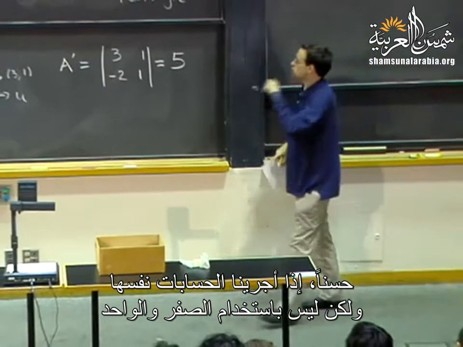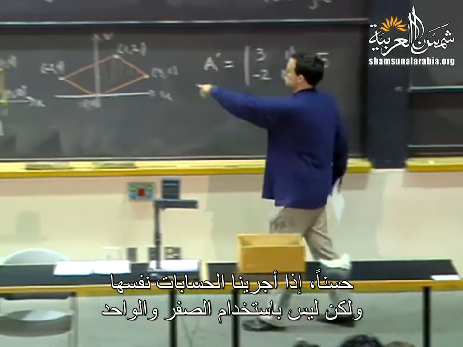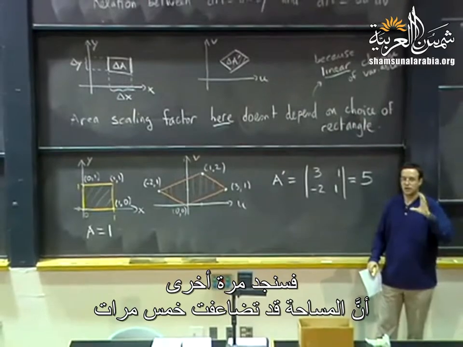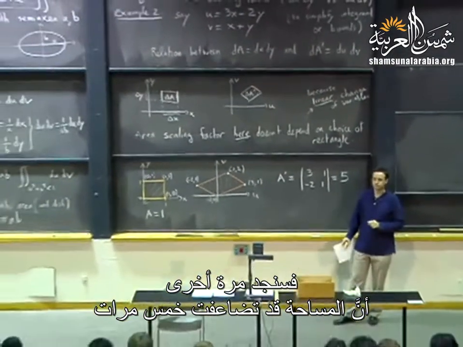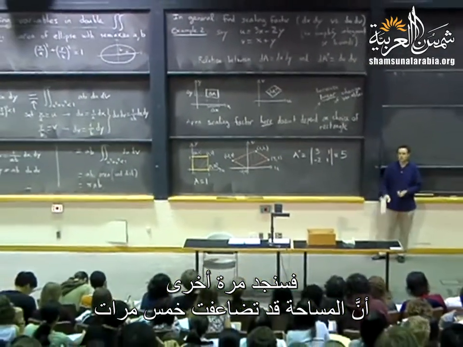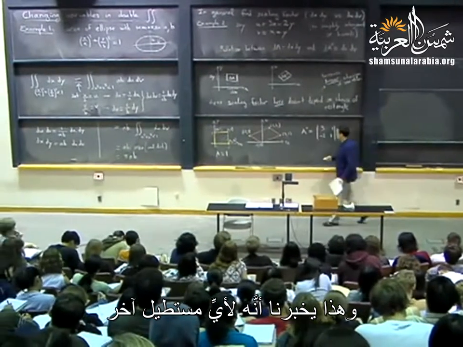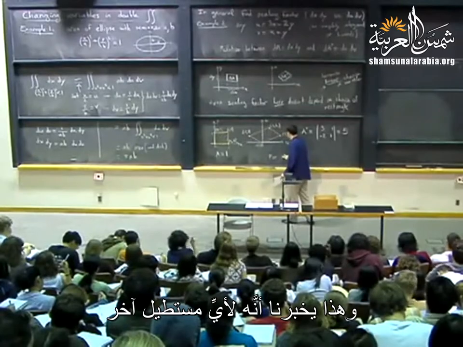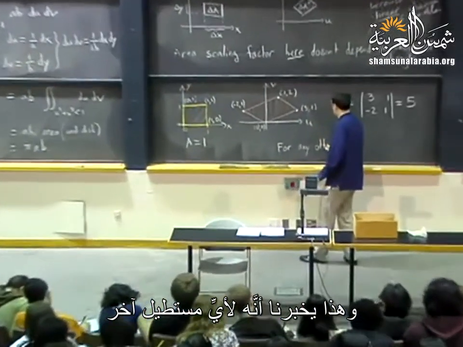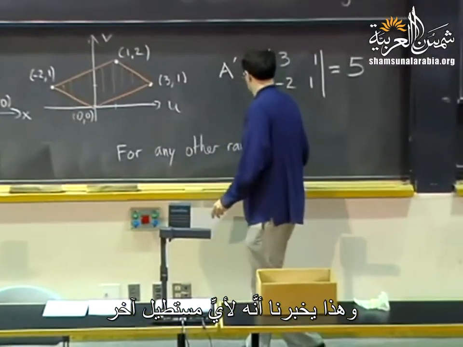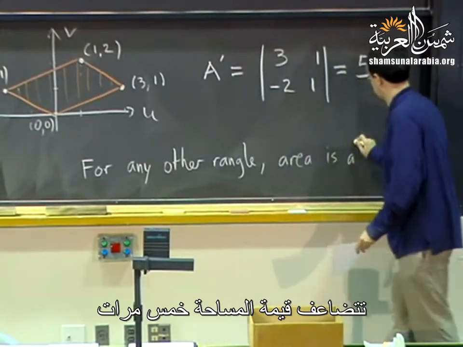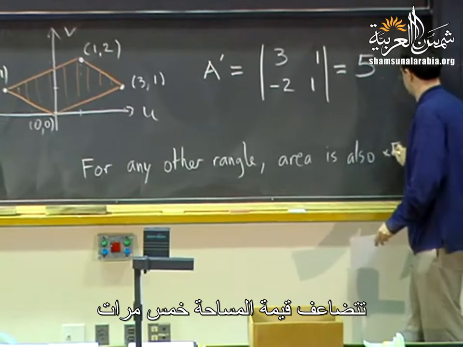Okay, and if you do the same calculations, not with 0 and 1, but with x and x plus delta x and so on, you will still find that the area has been multiplied by 5. So that tells us, actually, for any other rectangle, area is also multiplied by 5.